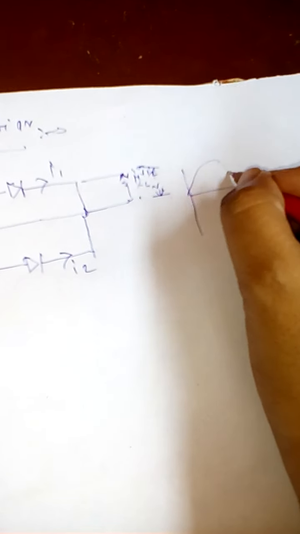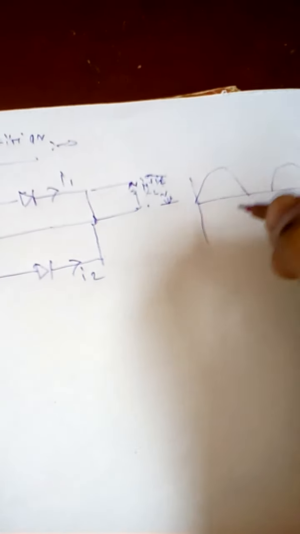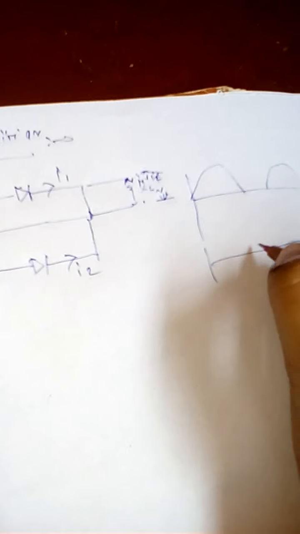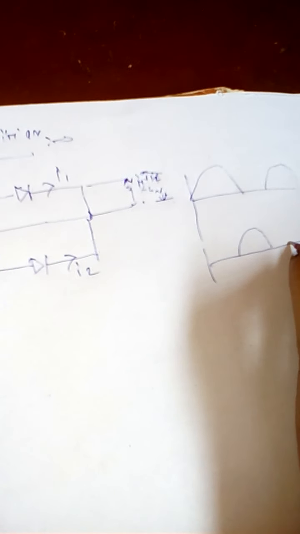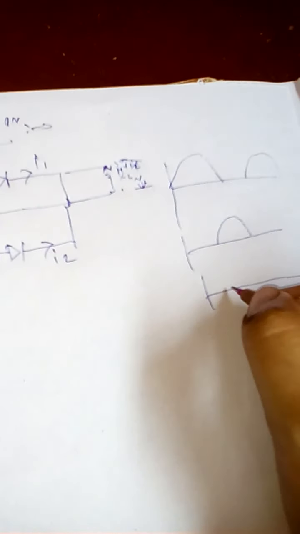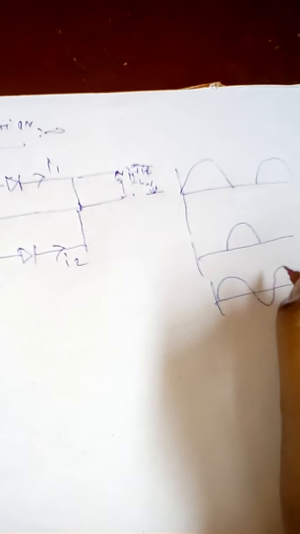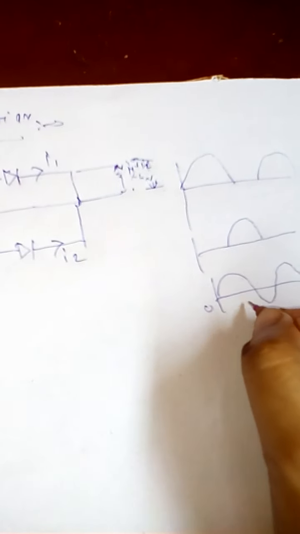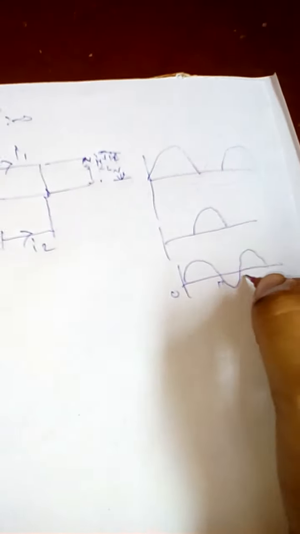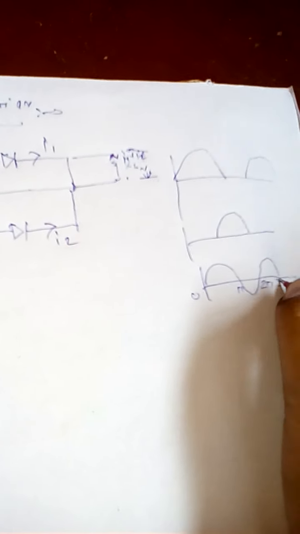First we get the output of the half wave rectifier, then for the second half we get the second half wave, so the total output will be from 0 to pi, this is 2 pi, this is 3 pi.